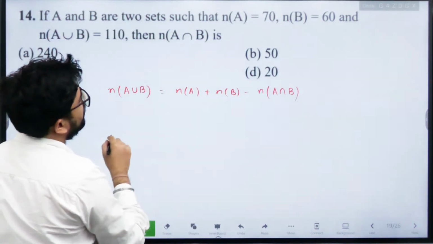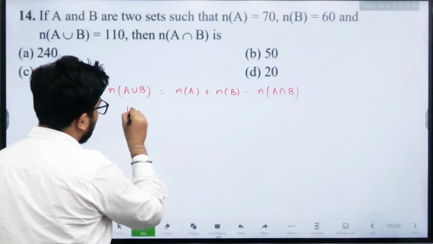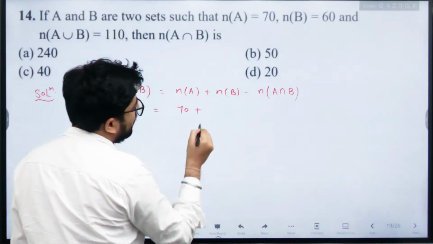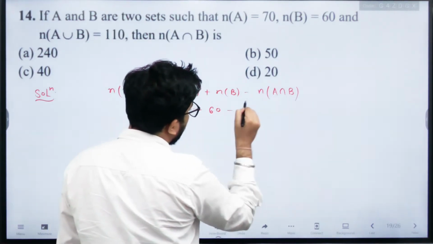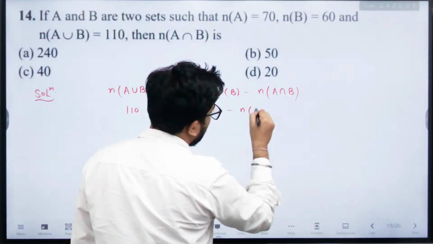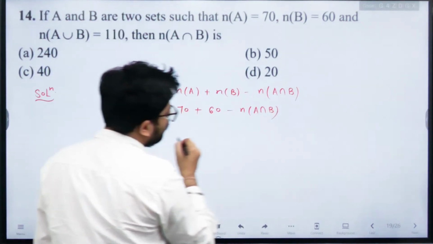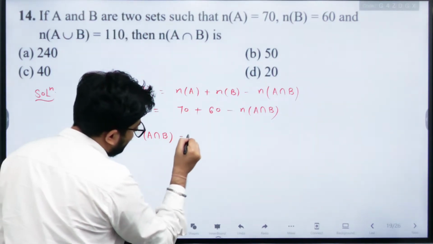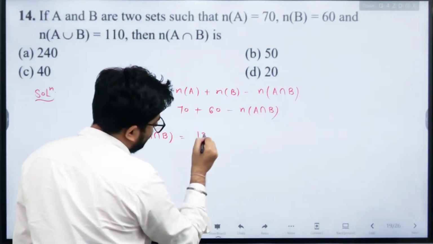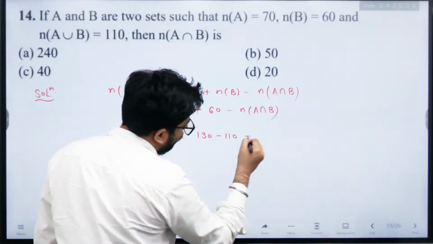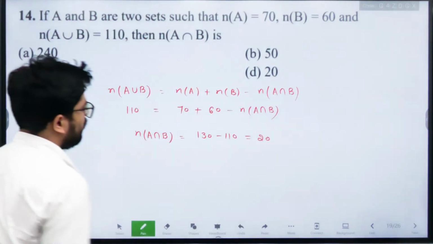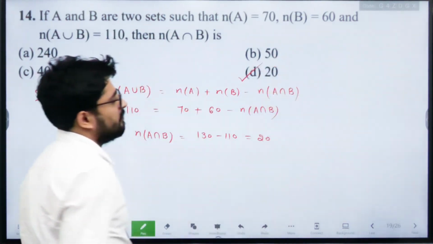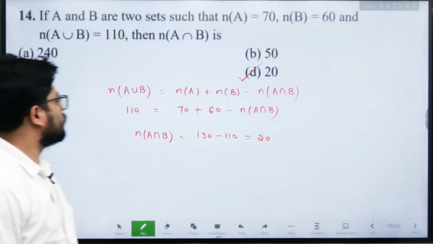So 110 equals 70 plus 60 minus n(A intersection B). That is 130 minus 110, which is 20. So the number of elements in A intersection B is 20. The final answer is D. Got it? Now let's do the next one.